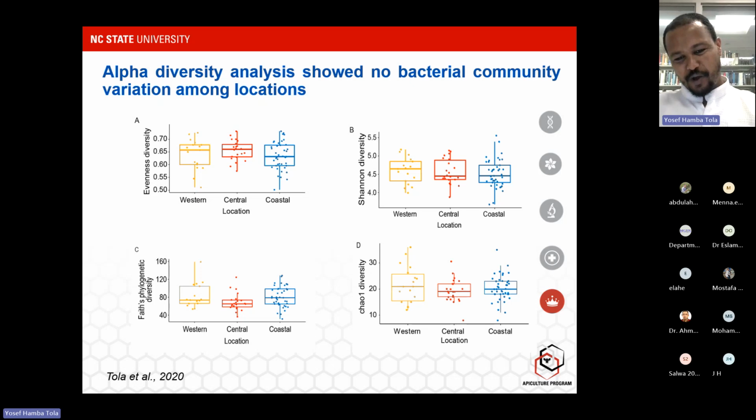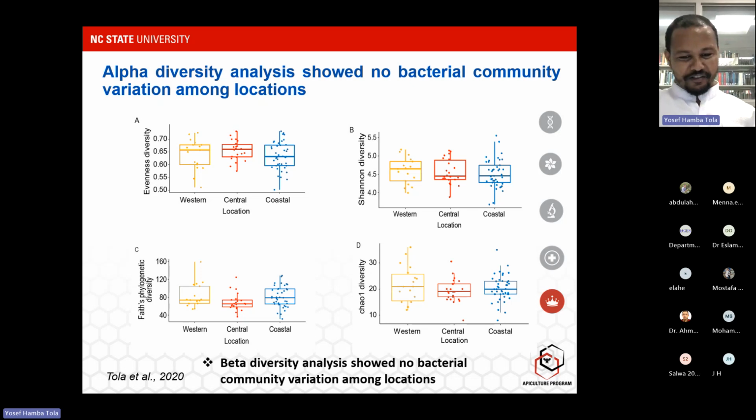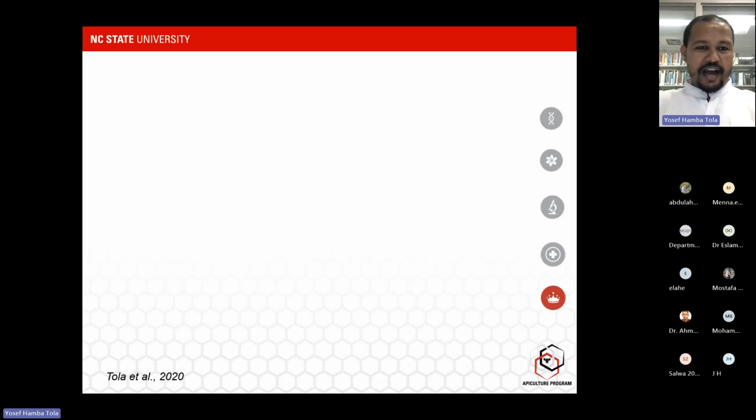In addition, the beta diversity also showed no significant difference of the bacterial community variation among the locations. So these microbes are conserved across the samples, even though you collect from different regions.